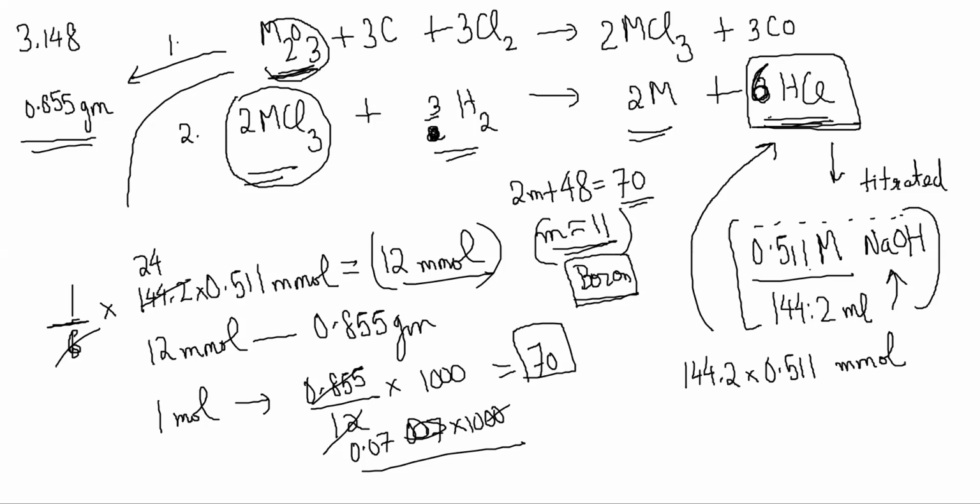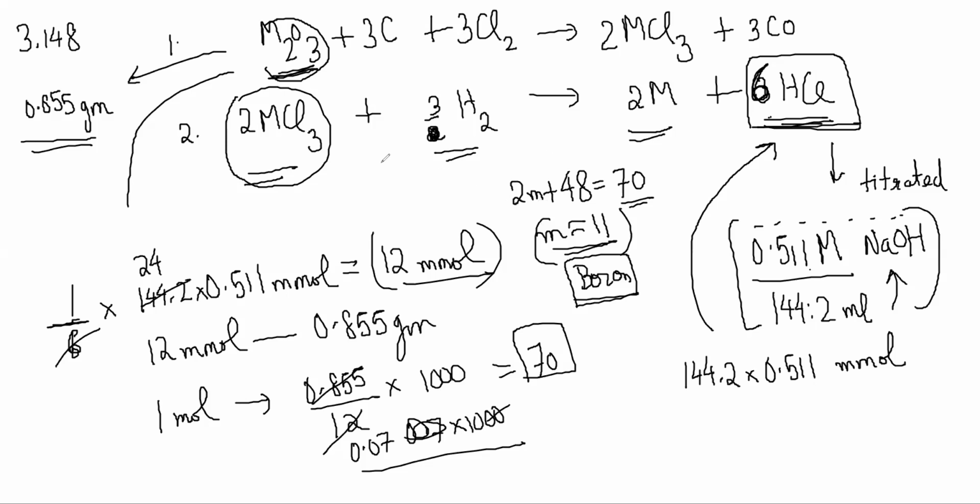It is M2O3, it is boron. 10.8 is given. He has written it is B. So we got that answer, approximately 11. His answer is 10.8. Are you getting a sense of what is happening?